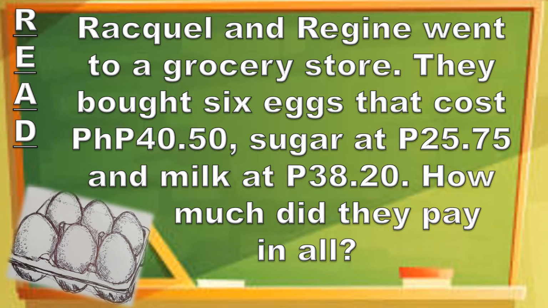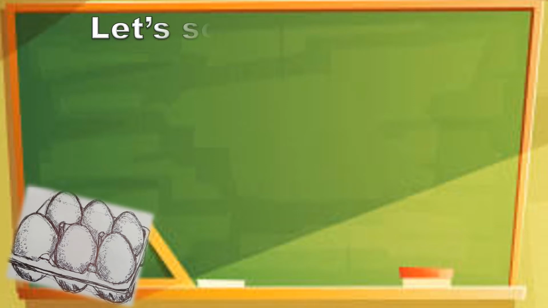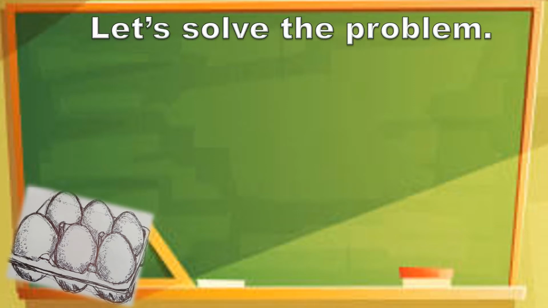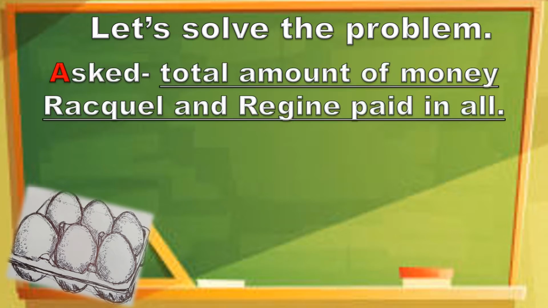Okay, so let's solve this problem. Last time we used the acronym AGONSA to solve problems. We will use that again today. So A, for what is asked: the total amount of money Raquel and Regine paid in all.